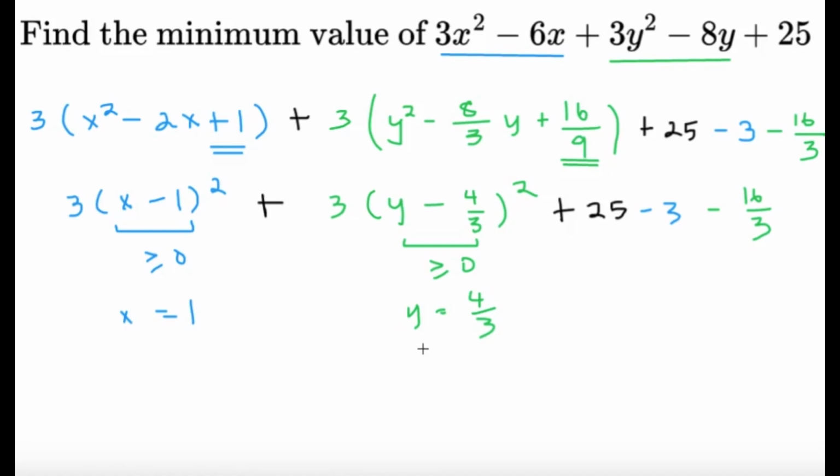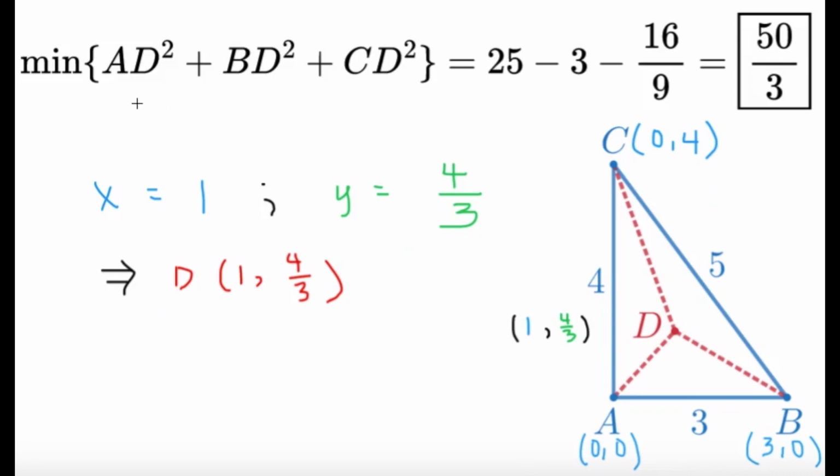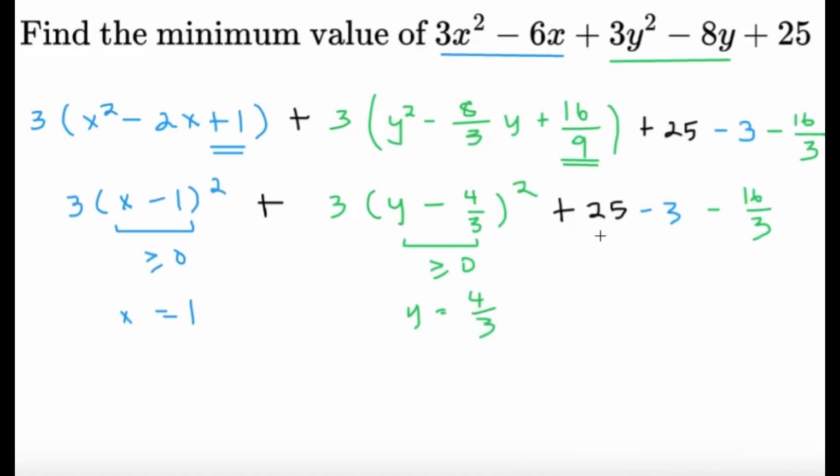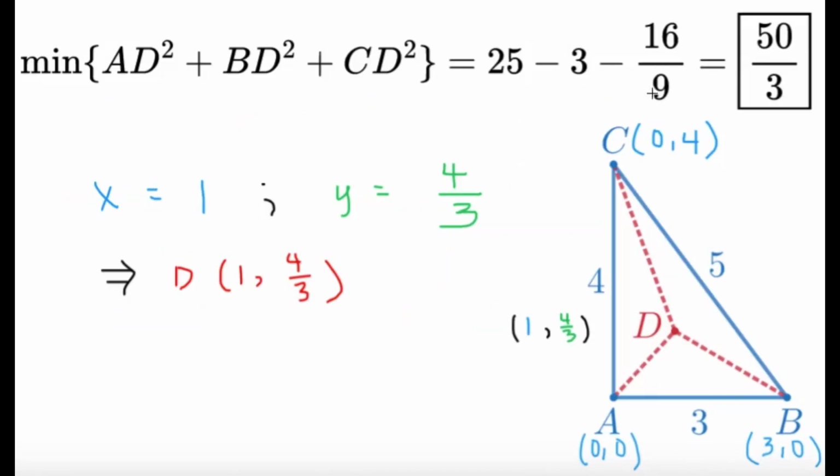But for the question, since we want to find the minimum possible value of AD squared plus BD squared plus CD squared, that's going to become 25 minus 3 minus 16 over 3, because it is the part outside these two non-negative terms. So 25 minus 3 minus 16 over 3 is going to become 50 over 3. And this will indeed be our final answer.